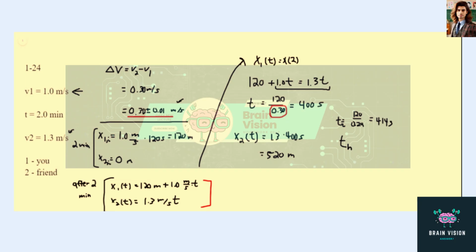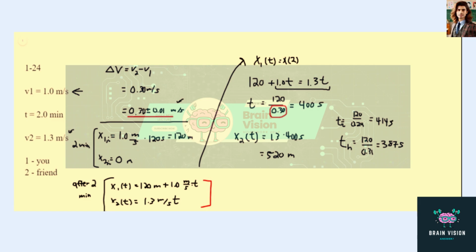Where our time high, using the larger value for the velocity, 0.31, is simply 387 seconds. So the difference is about 14 seconds either way.